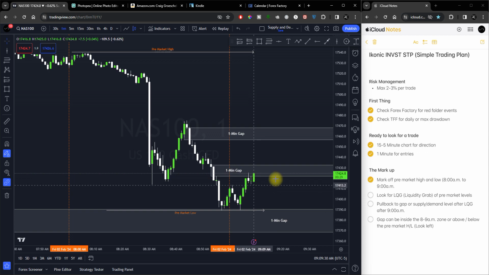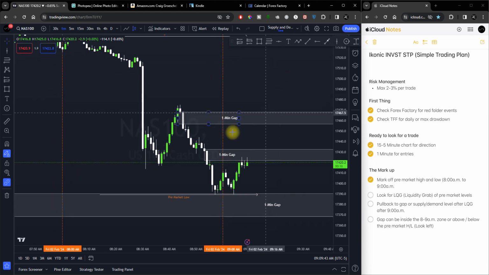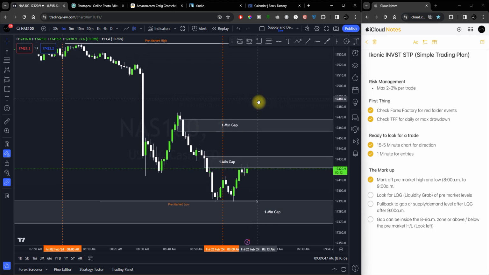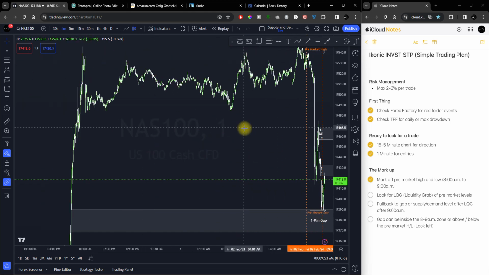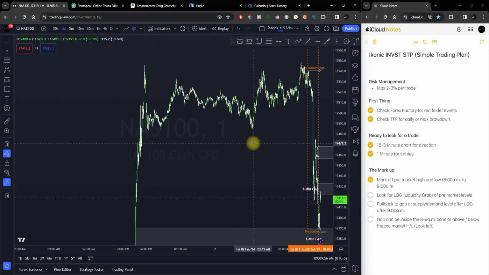All right. So again, I'm just looking to see if maybe we could get a pullback in here, and I'm going to be looking for some type of shooting star pattern to form in here, which is a little rejection. It doesn't have to be super big, it doesn't have to be super small, that candle. Just need to see some type of bearish momentum. Let's see what's going on over here.